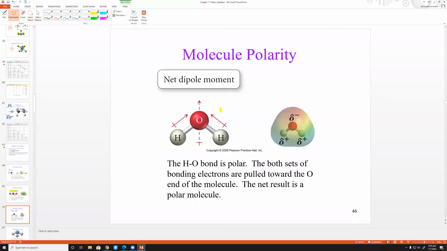That means your electrons will be pulling more towards the oxygen. So you're going to have a partial negative charge by the oxygen, a partial positive charge by the hydrogen, and the net result is a polar molecule because you'll have an uneven distribution of electrons.